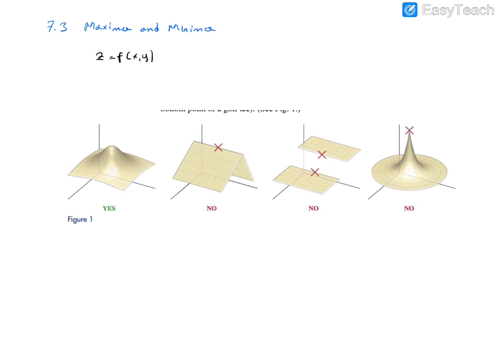We assume that all second order partial derivatives exist for the function f in some circular region in the xy plane. This is a technical detail. This guarantees that the surface z equals f of x, y has no sharp points, breaks or ruptures.